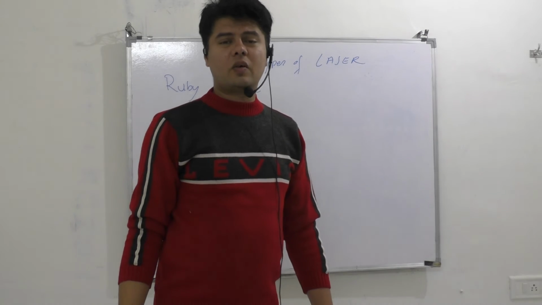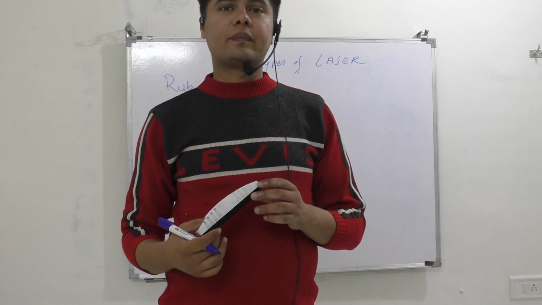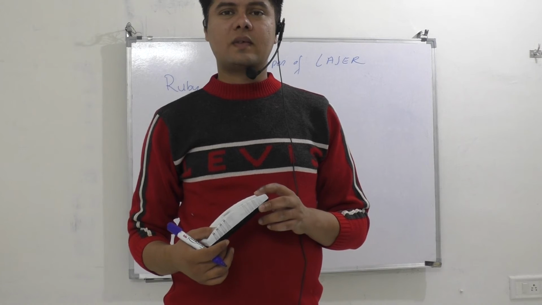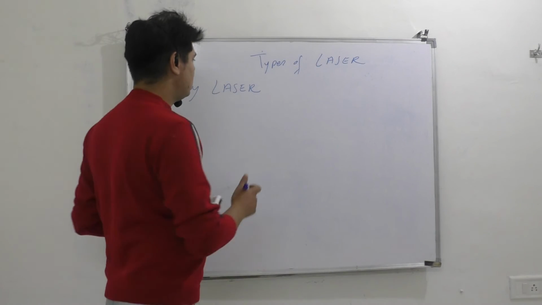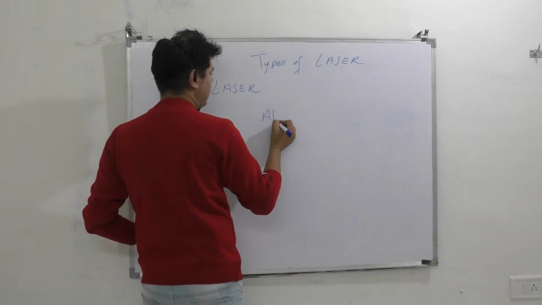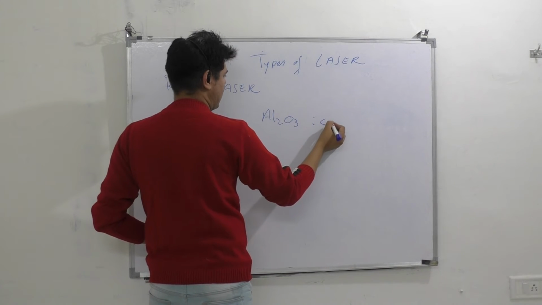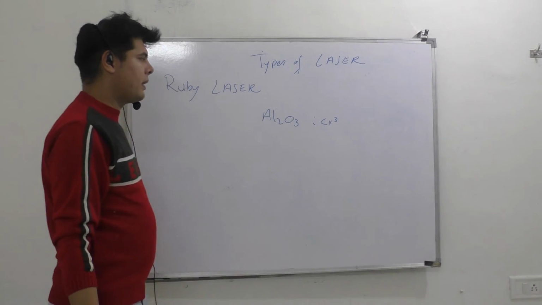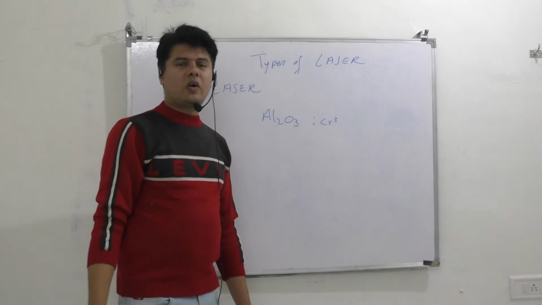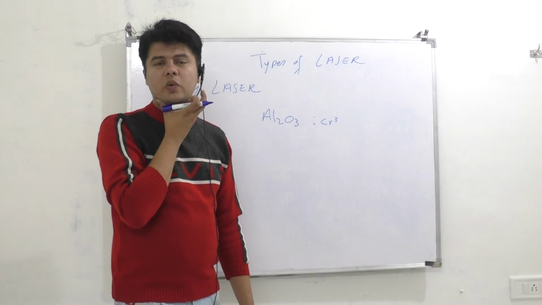Ruby laser is also called a crystal laser or solid state laser, which is manufactured from Al2O3 and Cr3+. Aluminum oxide is doped with chromium impurities.